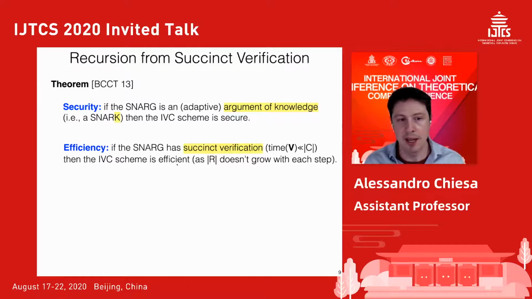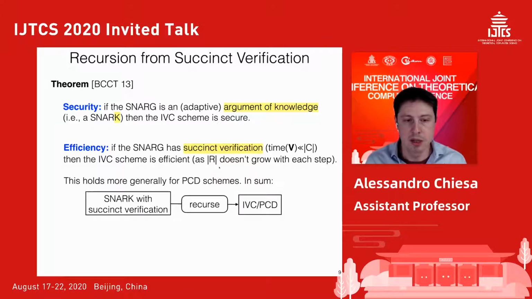Intuitively, this is because if it wasn't the case, then the recursive circuit would have to grow in size at each step, and we wouldn't have the efficiency properties that we wanted. This holds more generally also for PCD schemes. And so we have a theorem that says that anytime you give me a SNARK with succinct verification, I can apply the construction and I will give you back some IVC or PCD scheme that corresponds to it.